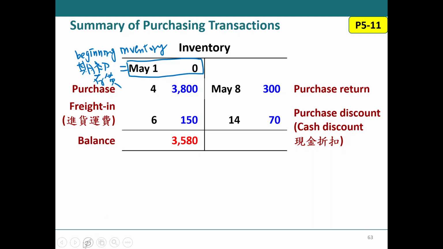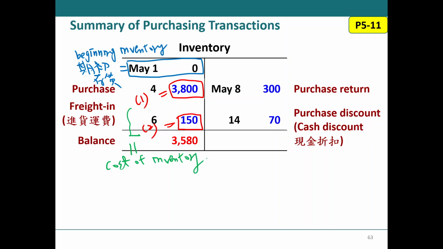So this is the 1. $150, that's your 2, right? So based on 1 plus 2, you got your cost of inventory. Okay? And don't forget, you return some inventory back, right? So you return $300 of inventory back, and you got a $70 cash discount, okay?